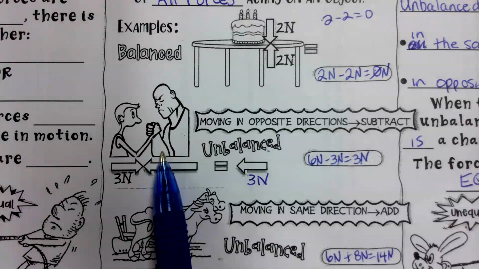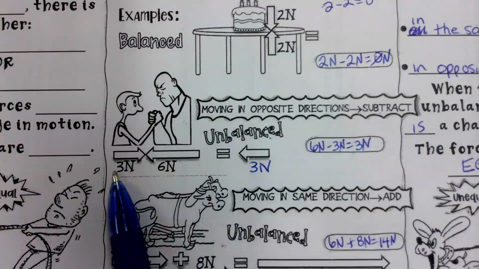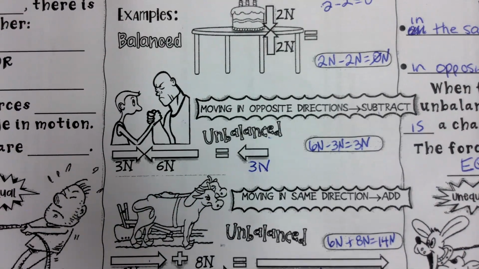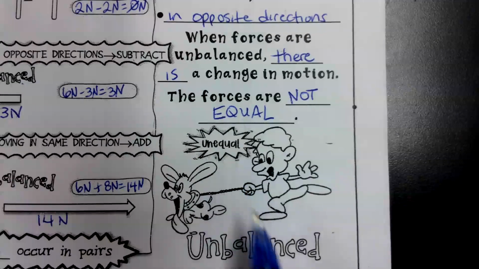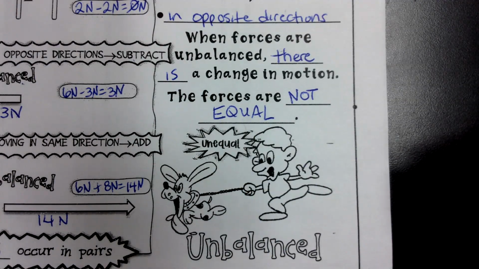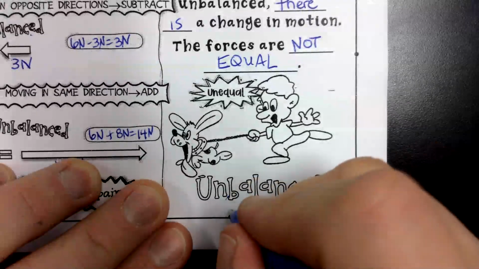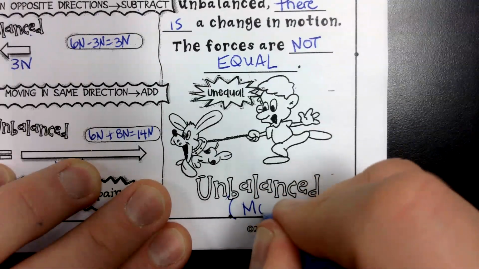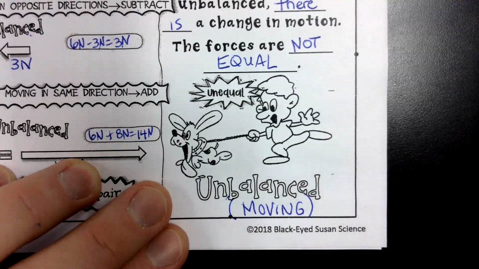So they're unbalanced. There's movement, a change in motion, and the forces are not equal. So just think of unequal as unbalanced. We're going to add this in: unbalanced means moving.